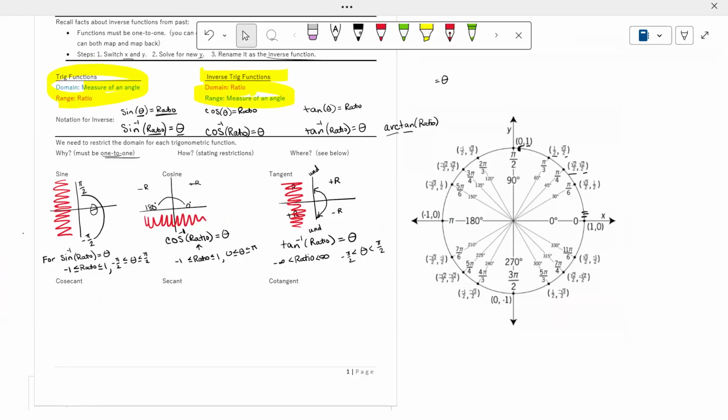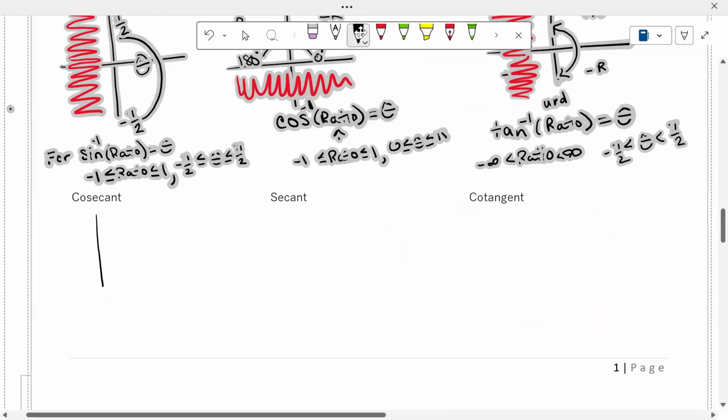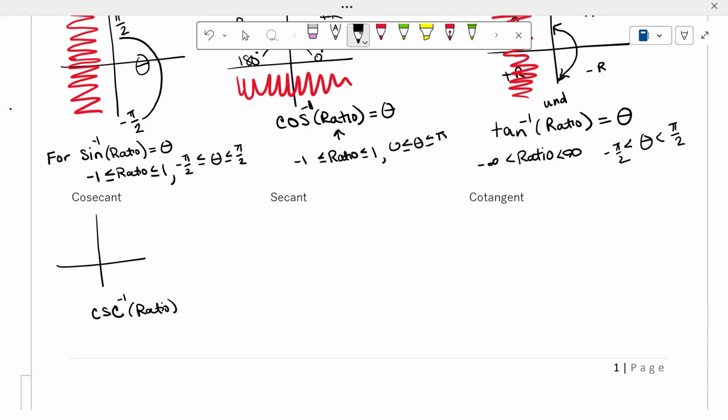Now let's look at their reciprocals, okay? So cosecant's going to be very similar. So inverse cosecant, ratio, outcomes in angle. And that's actually going to operate the same way as the sine with the restrictions, with one exception.